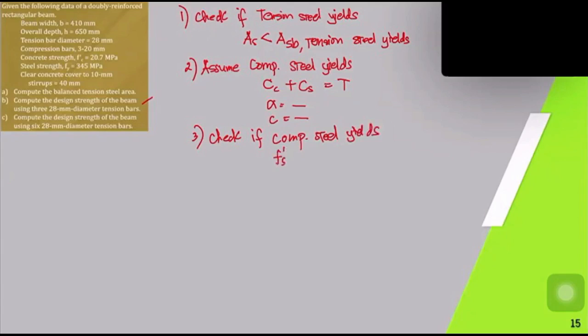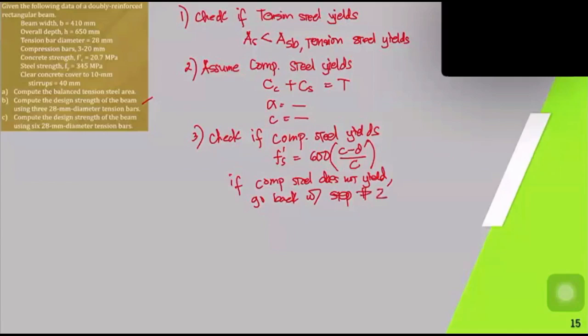We can compute for Fs prime, that is equals to 600 times C minus D prime over C. So if compression still does not yield, go back to step number 2, but this time use Fs prime equals 600 times C minus D prime over C, and alpha equals C beta 1, and compute for alpha ulit, compute for C, compute for alpha, compute for Fs prime ulit, saka compute for Fs.